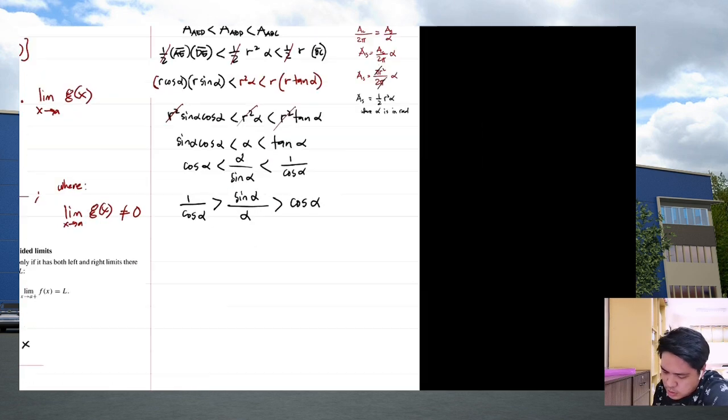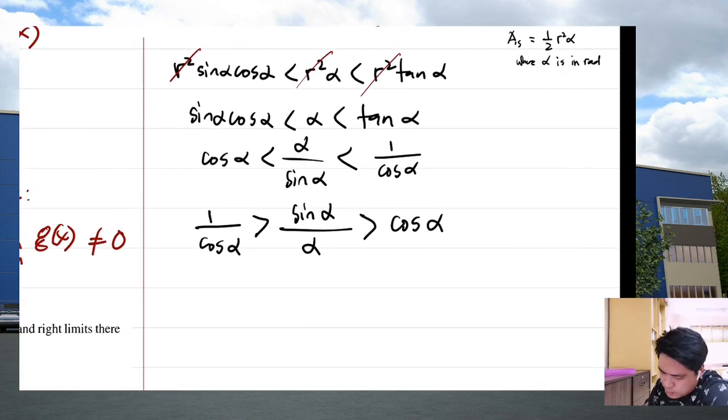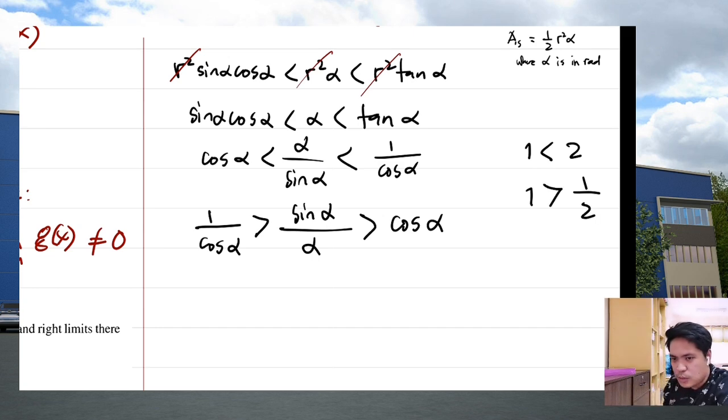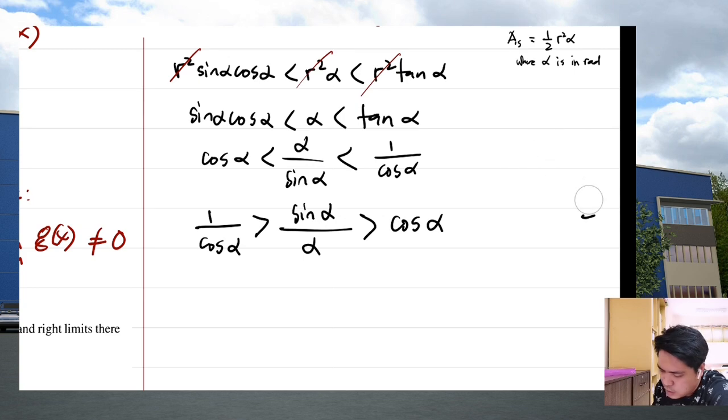The inequality symbol is because this. So for example, if you have 1 which is less than 2, if you take the reciprocal of that, the reciprocal of 1 is still 1, and the reciprocal of 2 is 1/2, and we know that 1 is greater than 1/2. So if you take the reciprocal, yung mas greater the number will become lesser this time. Diba? So, babaliktad yung inequality sign.